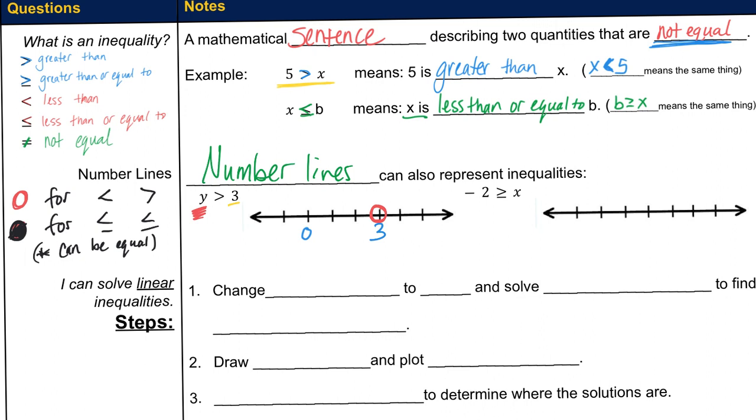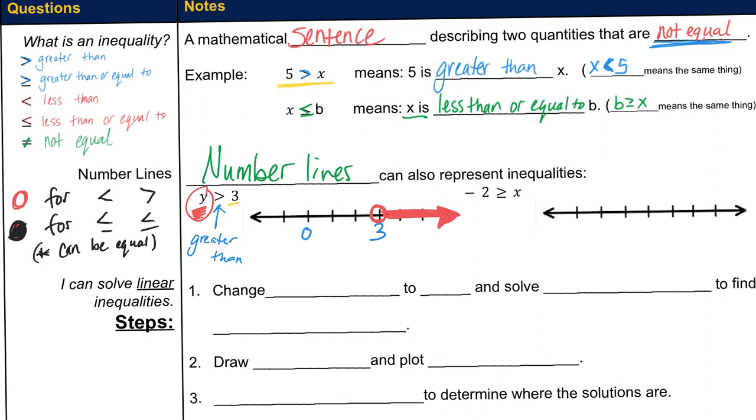Now we're going to describe where all the solutions are. The solutions for y are any numbers. I've got to read this sentence. Y is greater than 3. And so at this point I go in the direction of numbers that are greater than 3, and those numbers are to the right. That's where I darken my line and point my arrow.